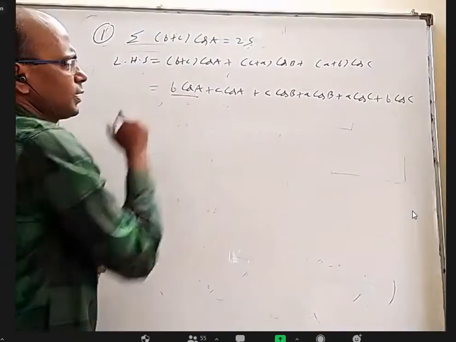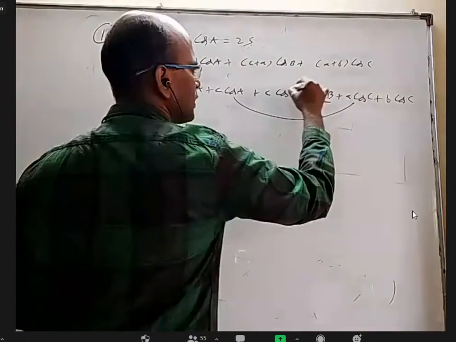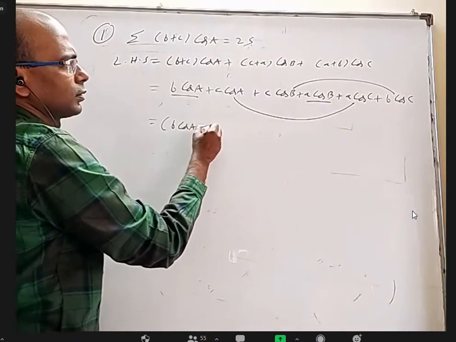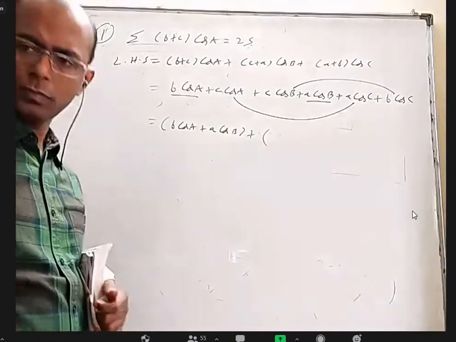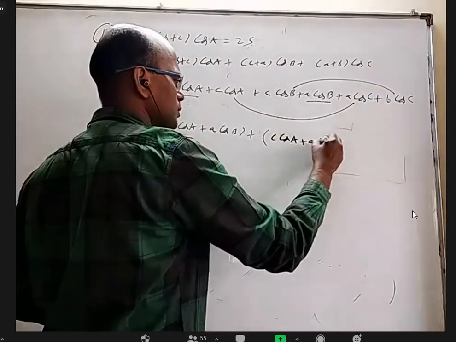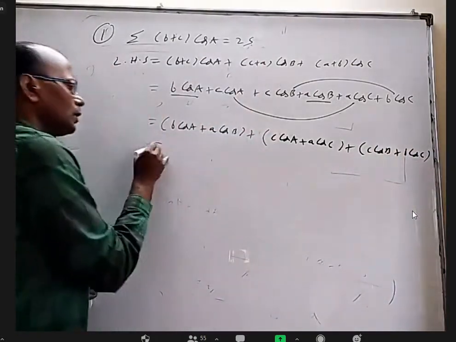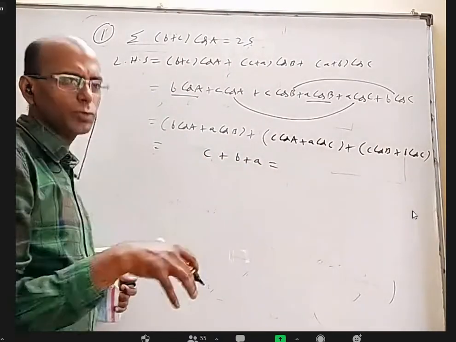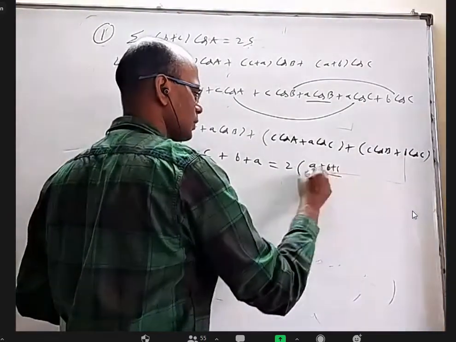Now b cos a and a cos b I can add, c cos a and a cos c I can add, and c cos b and b cos c I can add. This is c, this is b, this is a. a plus b plus c by 2 is s, semi-perimeter. So it is 2s, 2 into (a plus b plus c) by 2, which is 2s.